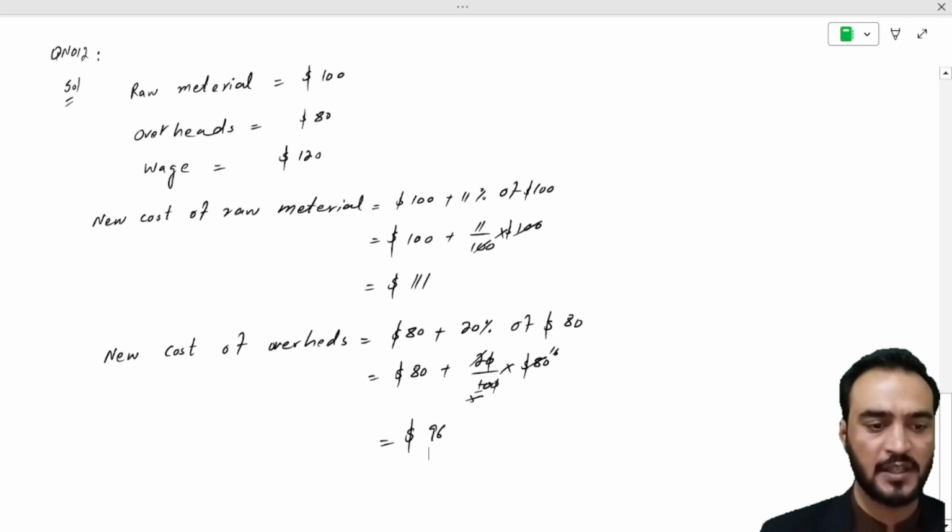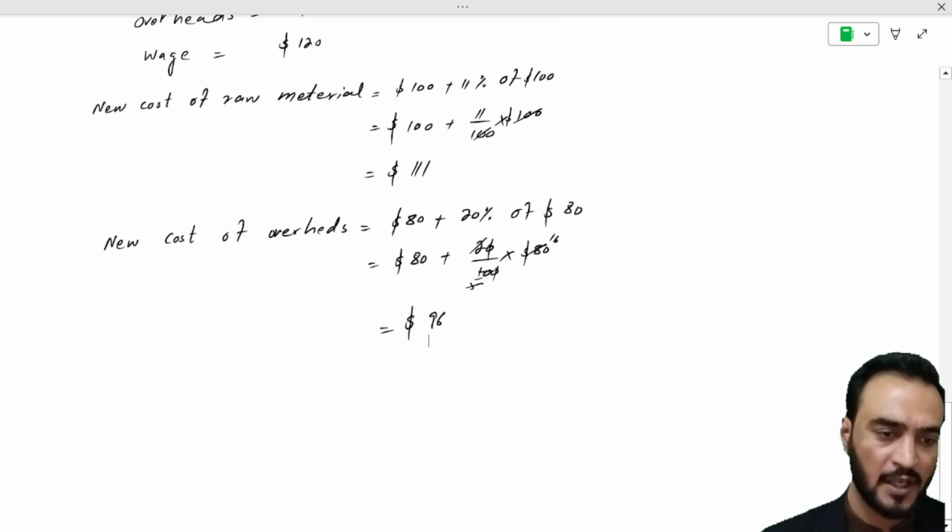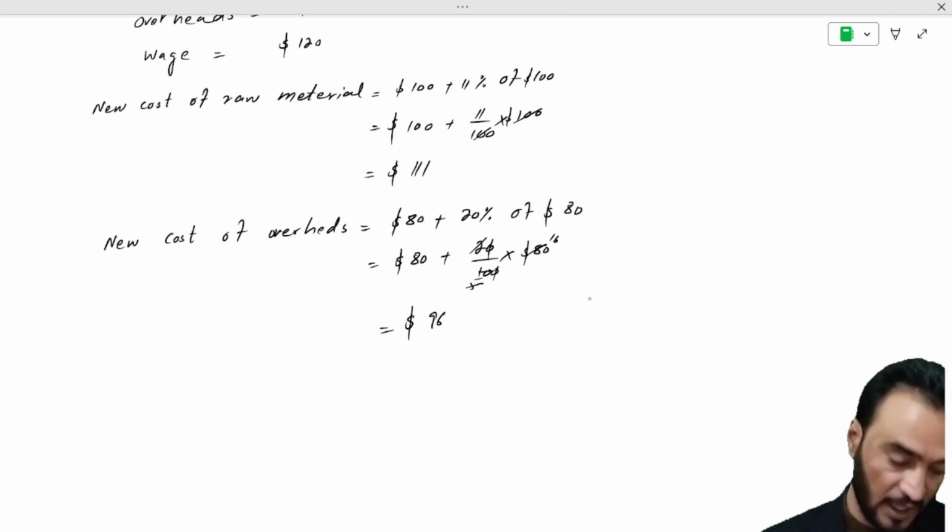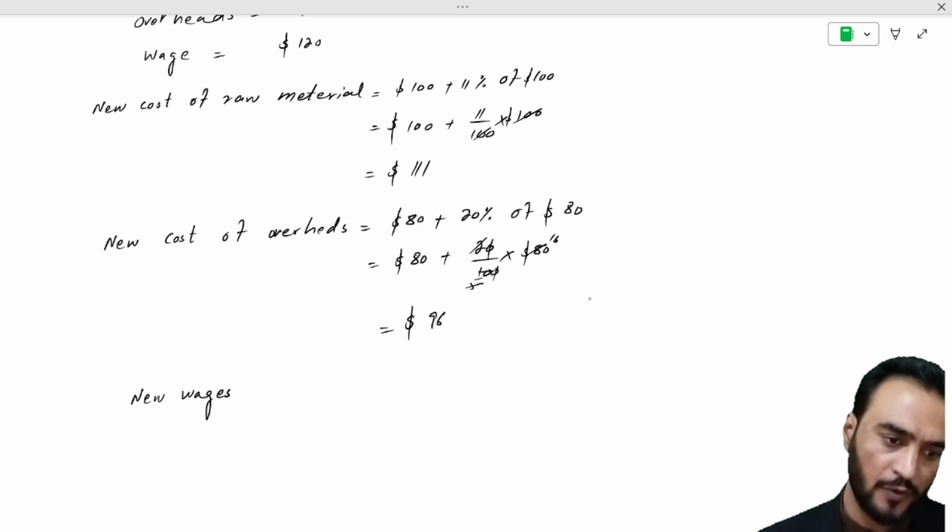$96. This is the new cost of overheads, and now the new wages are, as the wages are decreased by 15%, new wages is equal to $120, the original wage, minus, we decrease it by 15%. So 15% of $120.